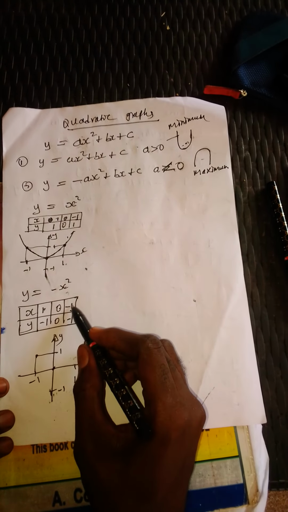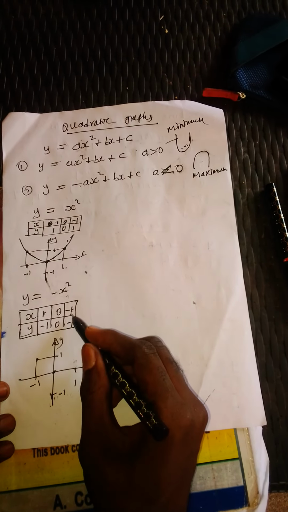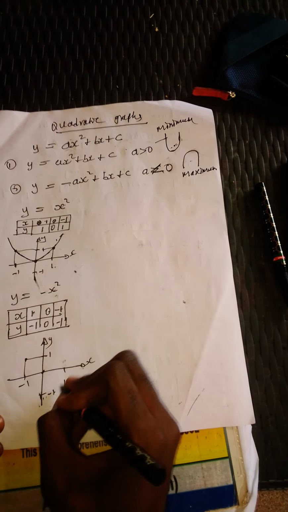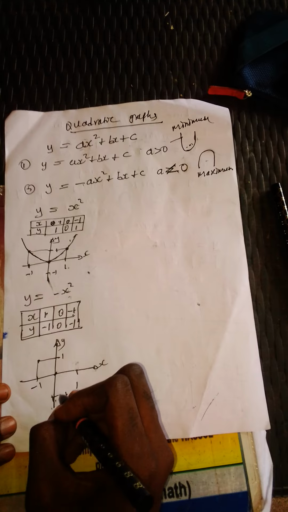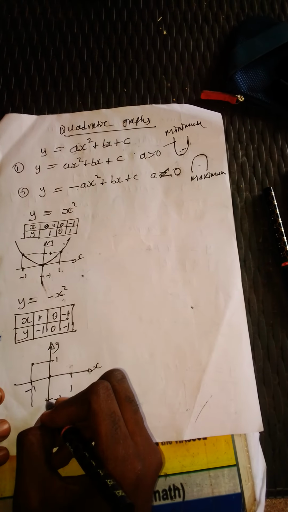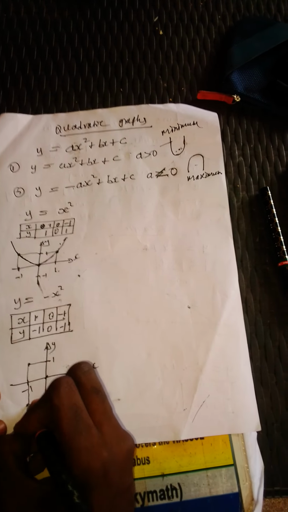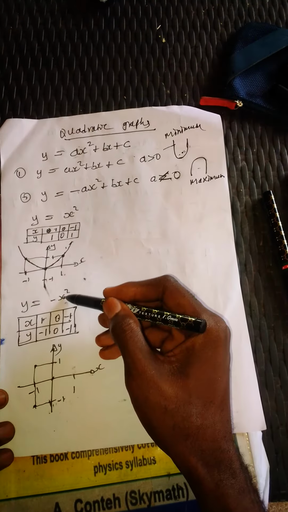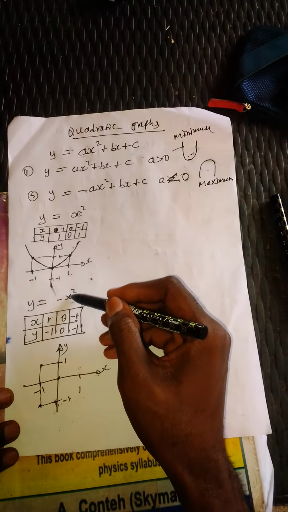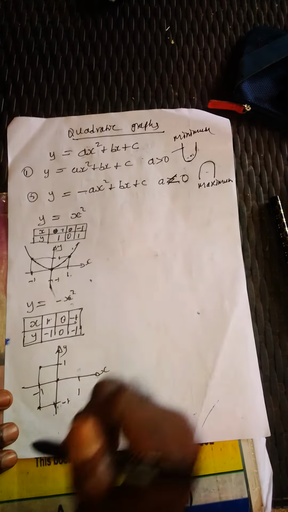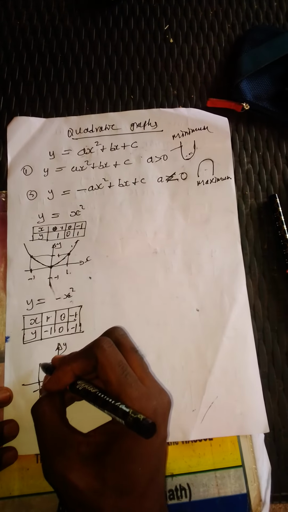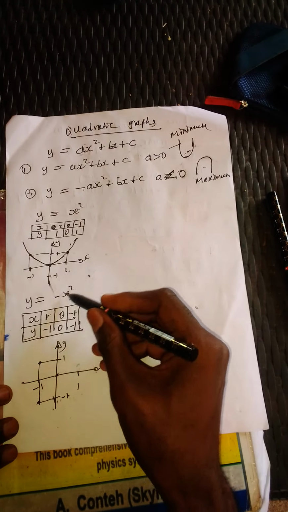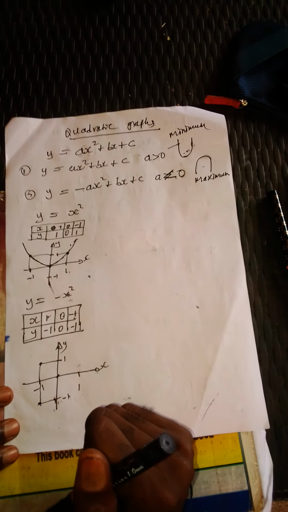And when x is minus 1 and y is minus 1, we have this point. You see, so in this case, when x is 1, it gives us minus 1, when x is 0, it gives us 0, and when x is minus 1, it gives us minus 1. So the graph is going to give us an N shape.